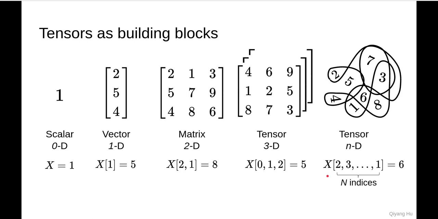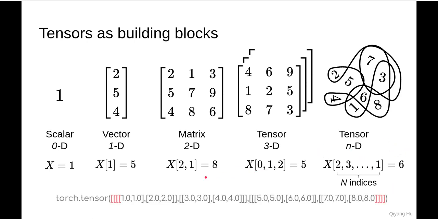In PyTorch, we don't use this way to represent tensors. Instead, we use the torch.tensor function to create and represent the tensor. You can see that in this example, we create a 4-dimensional tensor. And the trick here is that the dimensionality of the tensor can be easily known from counting the number of square brackets at the beginning or at the end.